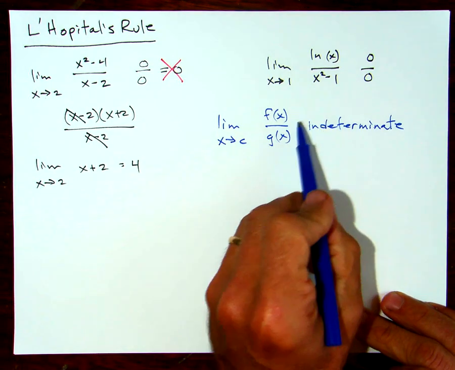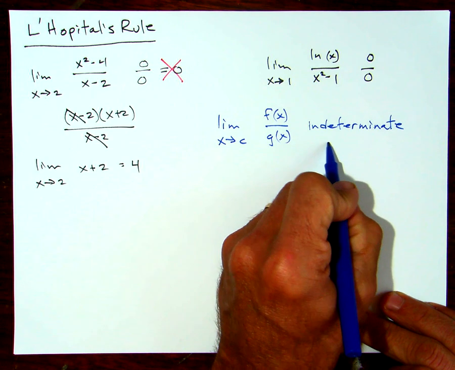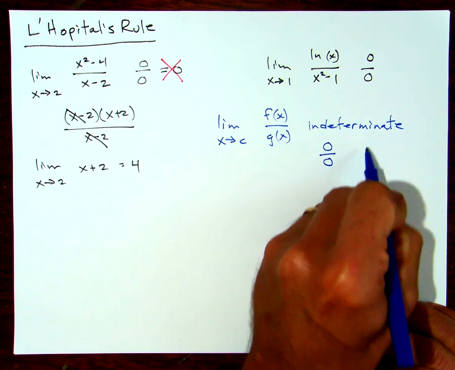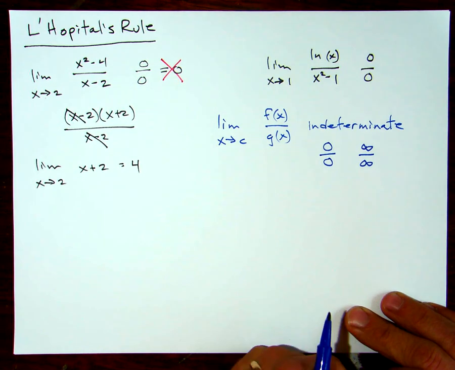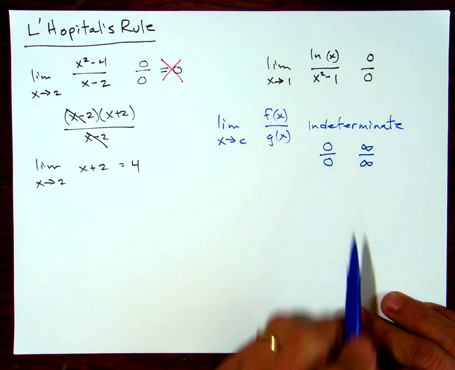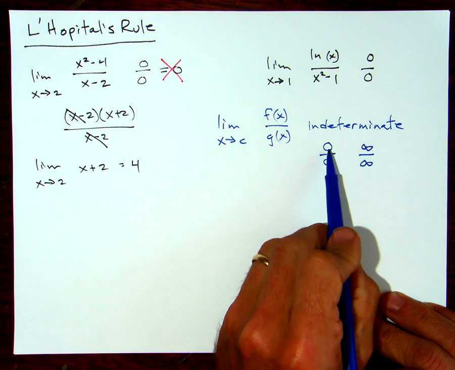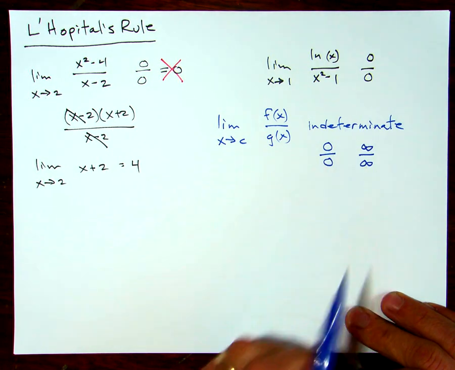The other thing I should point out is it has to be indeterminate of the form 0 over 0 or infinity over infinity. There are other indeterminate forms that can be manipulated into one of these two forms. We can only apply L'Hopital's rule if I have something that's indeterminate of the form 0 over 0 or infinity over infinity.